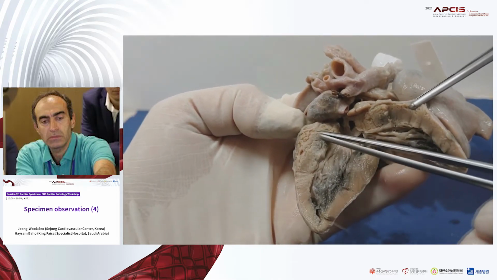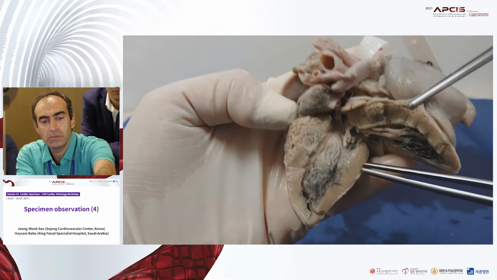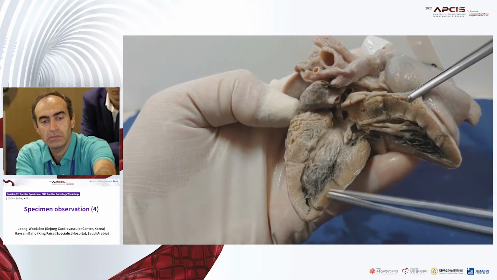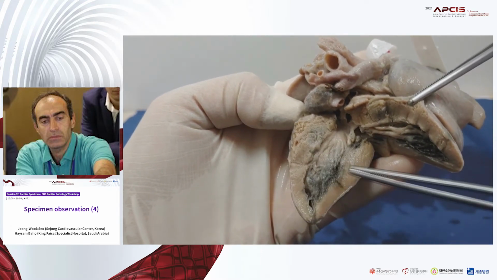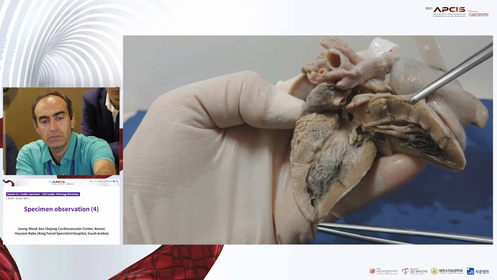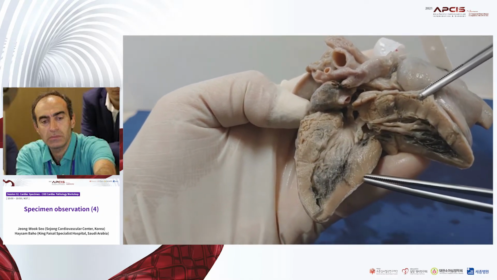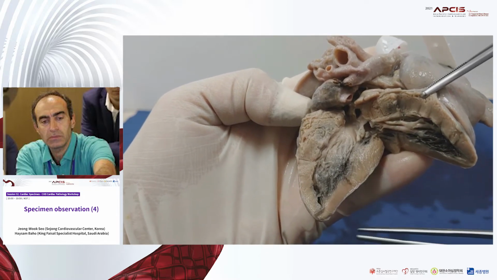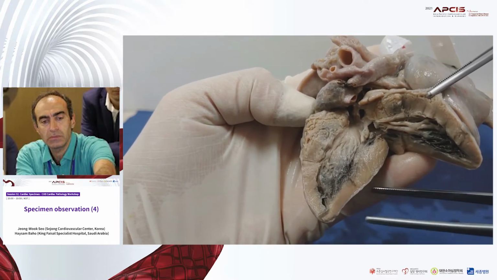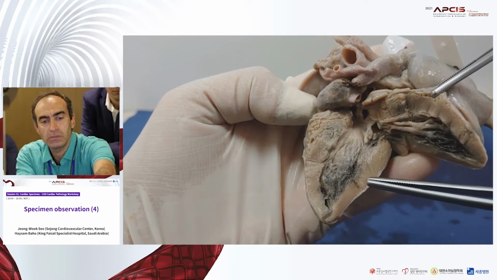We see the difference in thickness between the basal part of the left ventricle and the apical part of the left ventricle, which is much thinner, and this is due to the ischemia and the hypoperfusion. Also note the subendocardial ischemia and the discoloration that is there, as we saw previously in the previous specimens.